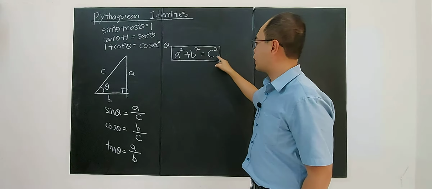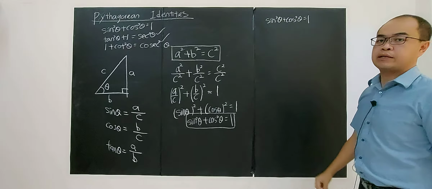So how do we get the other two identities? We get them from this identity. Sine square theta plus cos square theta equals 1.